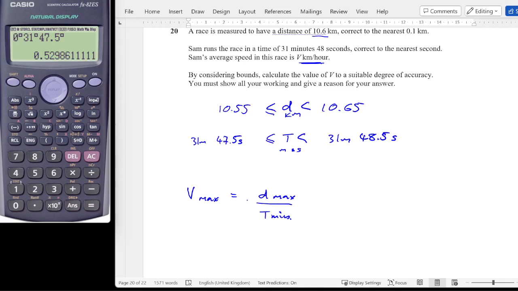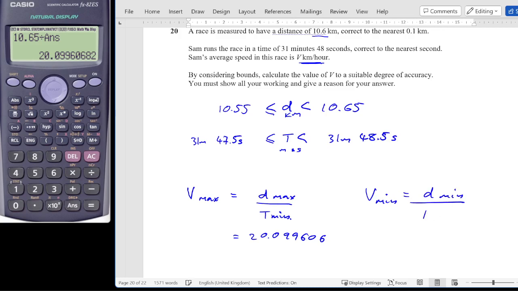So I want the maximum distance, and I'm just double checking that I typed in the minimum time. Yeah, I did. So my v max is going to be 10.65 divided by the answer that I've just shown, which is going to give me 20.099606.